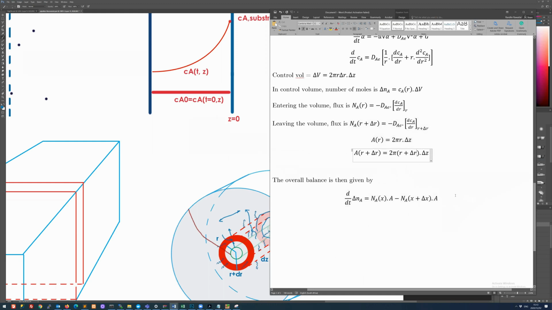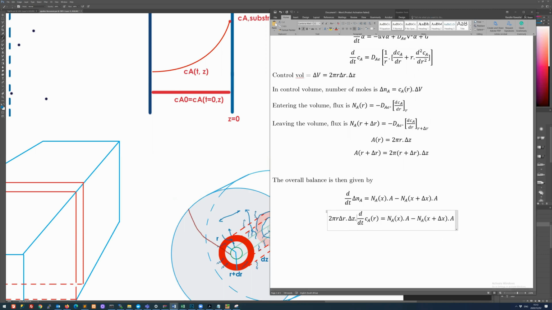And so given our overall balance, if we stick all the pieces together, it's going to look like this. The rate of change is CA at R times delta V. Our delta V is our fixed choice, so that's a constant of differentiation. So we take out the delta V here, and we've said that delta V is the same as this thing, so we can substitute that here.